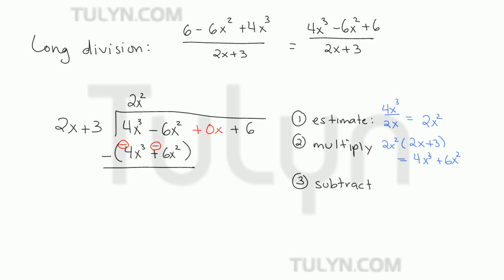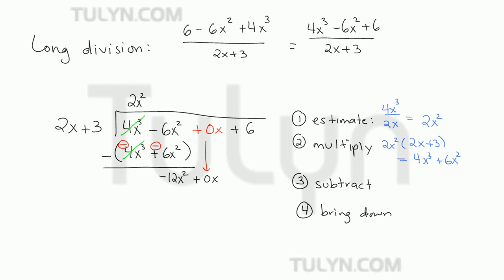So then when you subtract, these two cancel out, and we have negative 6x squared minus 6x squared, which is negative 12x squared. And then finally, the fourth step is to bring down the next term. The next term is our 0 times x, so we're going to bring that down.